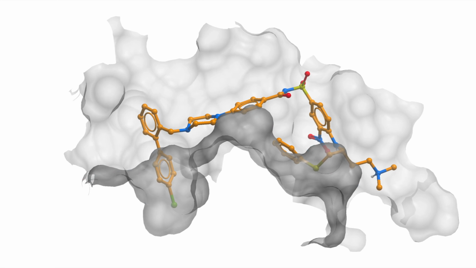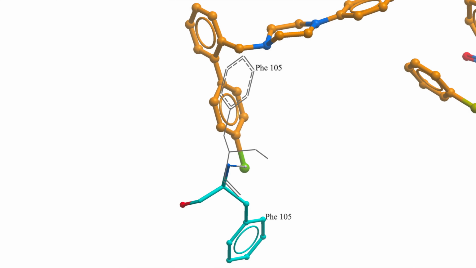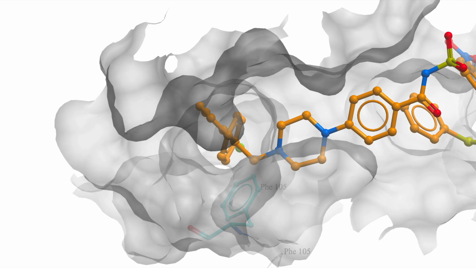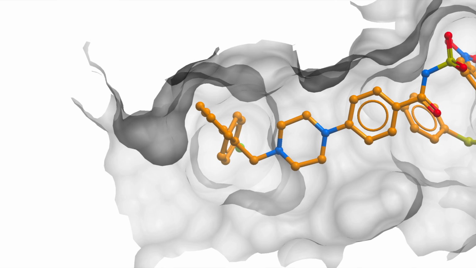Similarly, previously mentioned Bcl-xL inhibitor ABT737 engages P2 much deeper than endogenous ligands by pushing phenylalanine 105 into P2 with its chlorophenyl moiety. This displacement opens up the binding groove more than what is usually required to accommodate endogenous ligands.